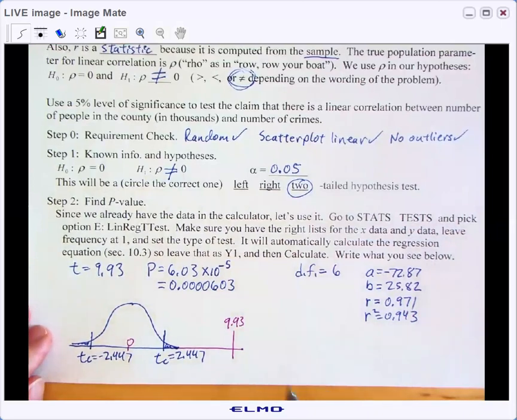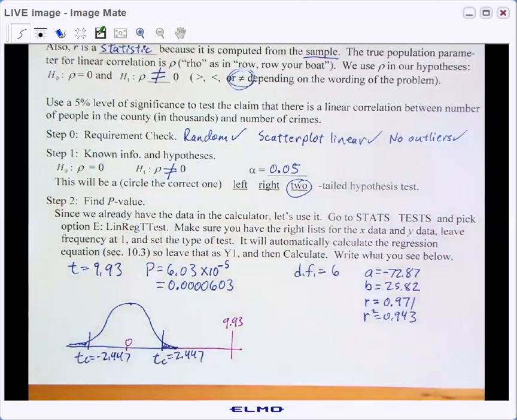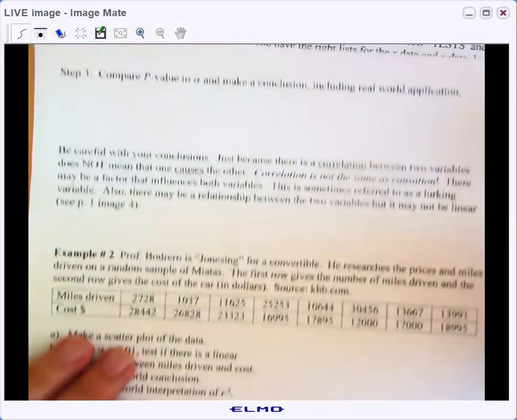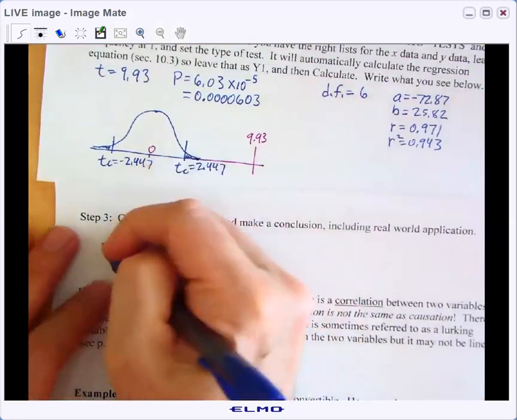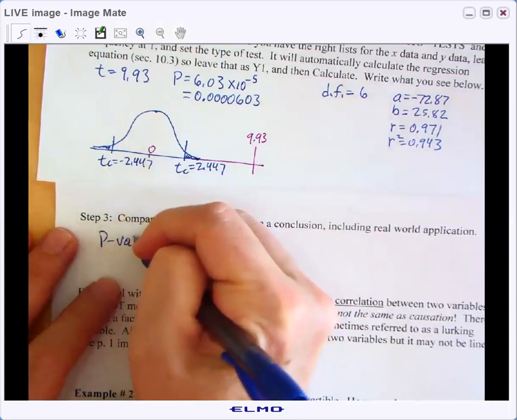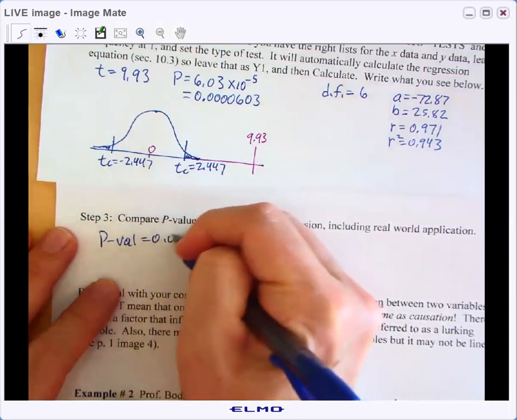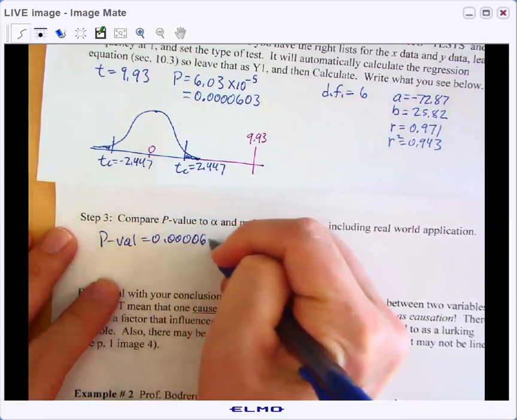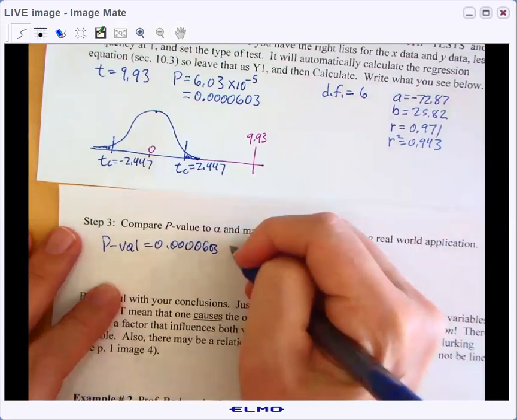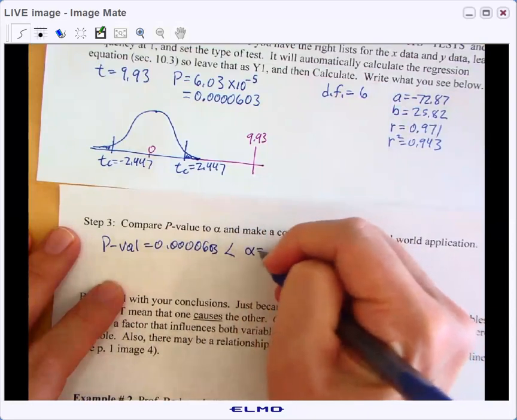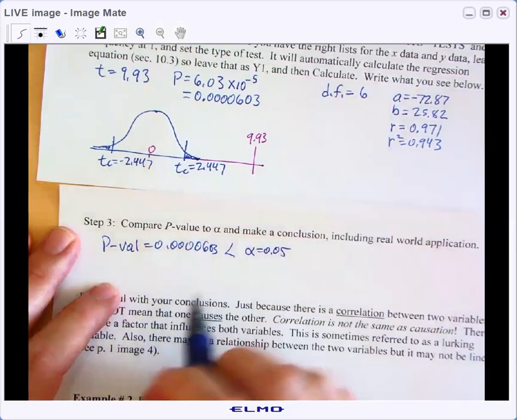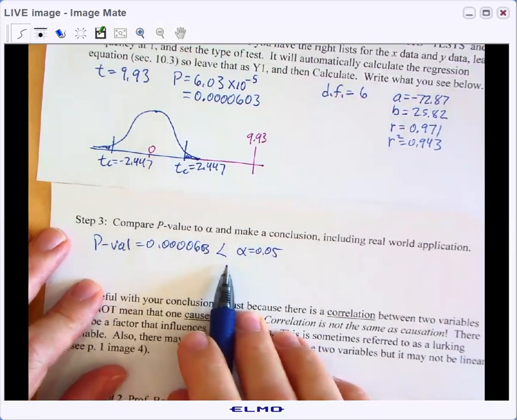Now we could also do it the p-value way. So like we've learned before, we could take our p-value, which was 0.000603, and if we compare that against alpha of 0.05, we see that our p-value is much smaller.